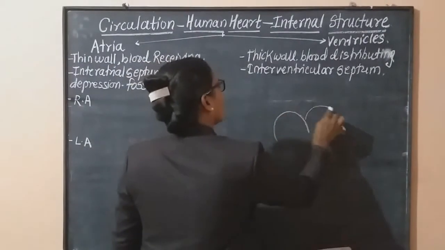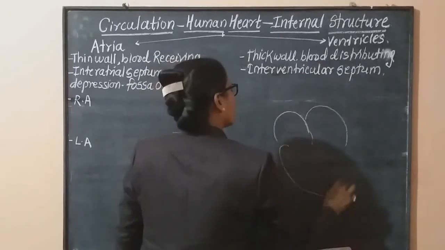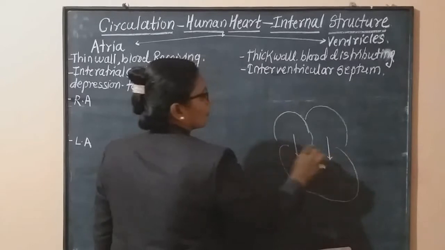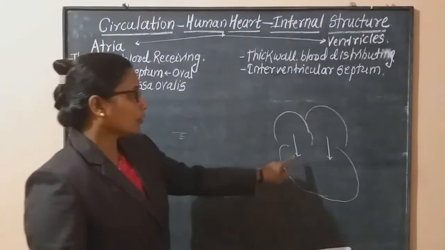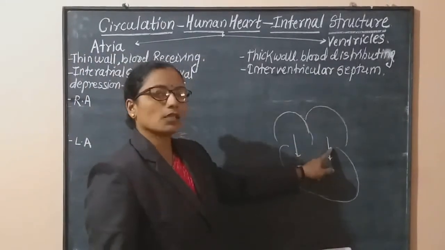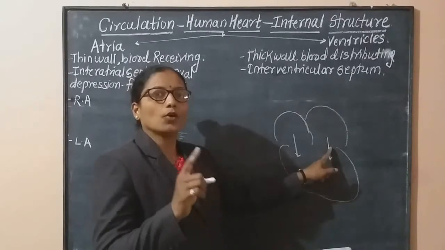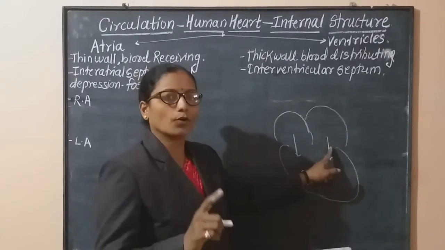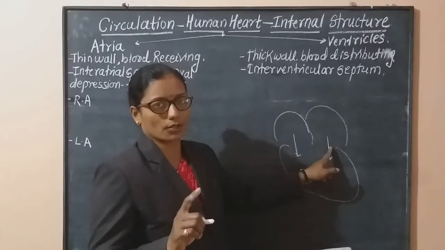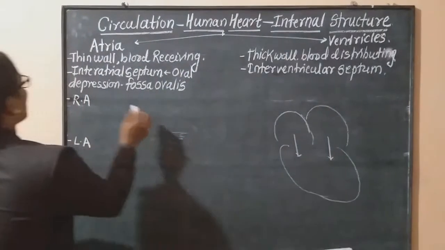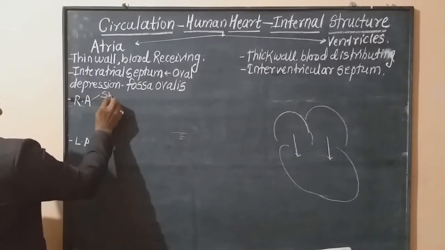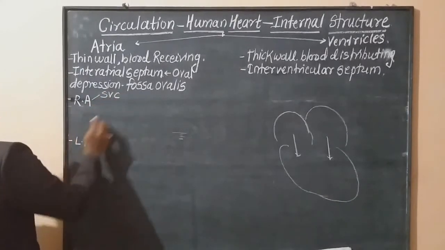These two atria open into their respective ventricles, and these apertures are called atrioventricular apertures.